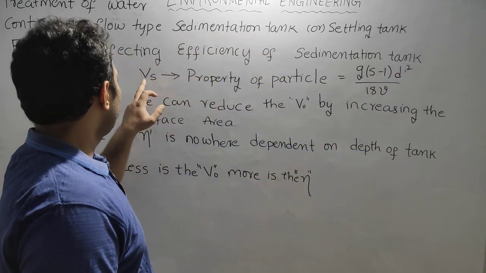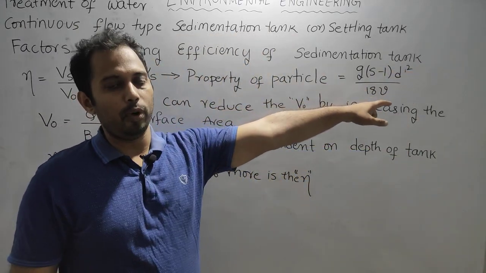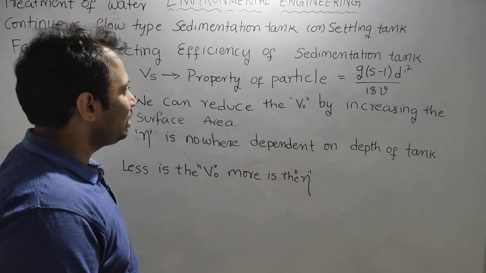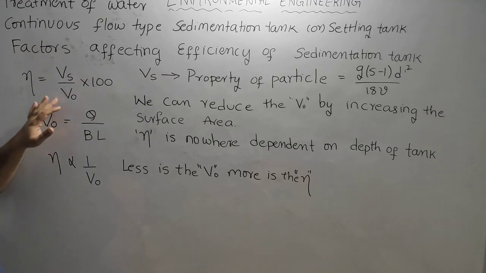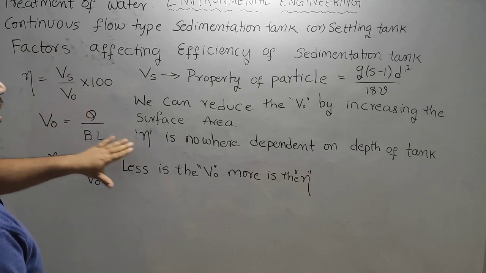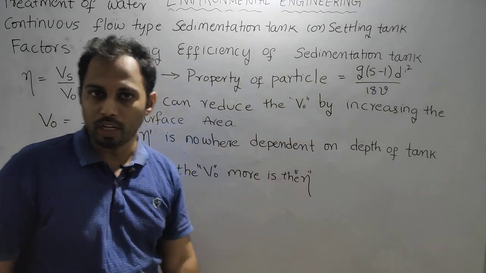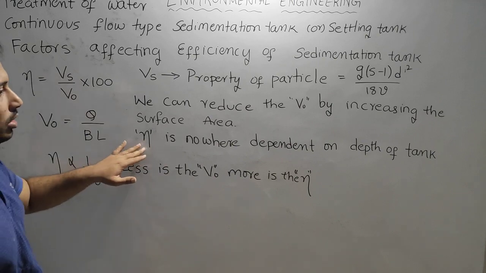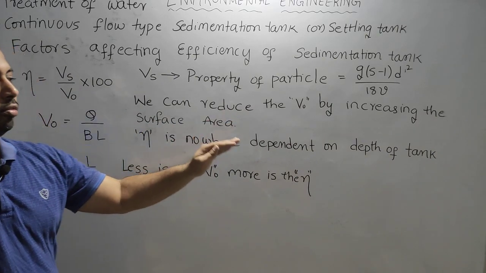So the settling velocity is directly proportional to d square, whereas the overflow velocity depends on surface area. So nowhere in the efficiency term do we get the depth of the tank. That means efficiency is independent of the depth of the tank.